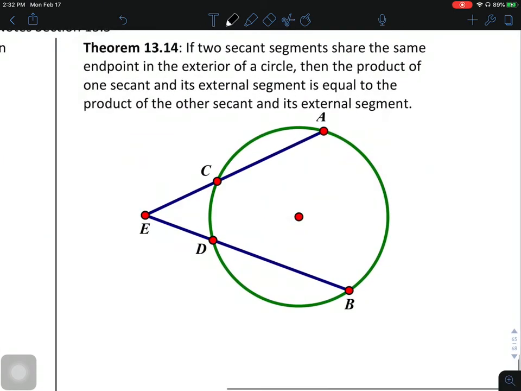Theorem 13.14. If two secant segments share the same endpoint in the exterior of a circle, which they do, then the product of one secant and its external segment is equal to the product of another secant and its external segment.